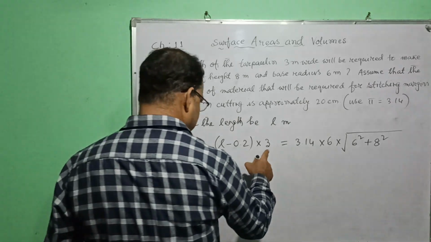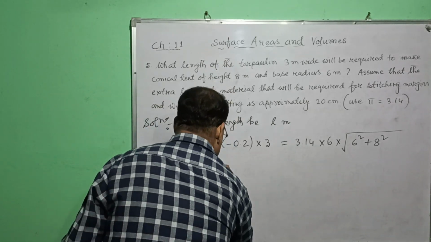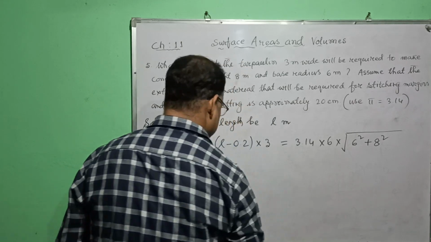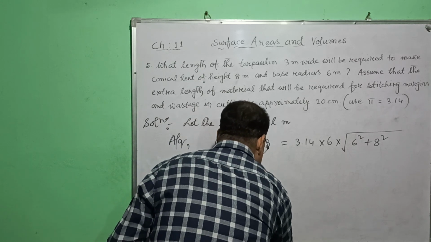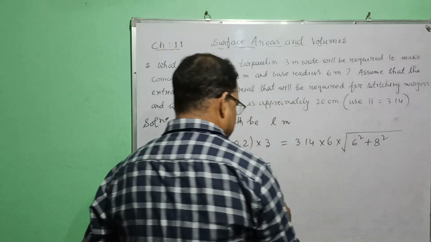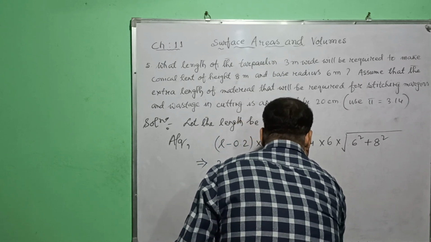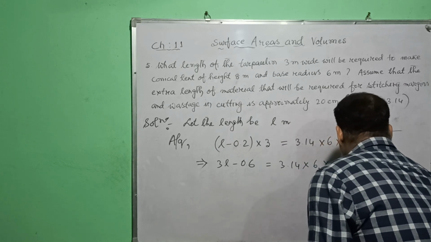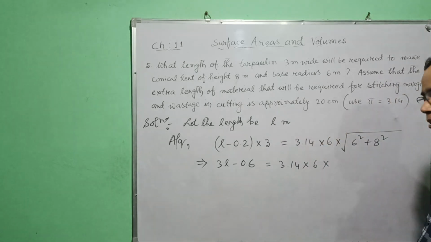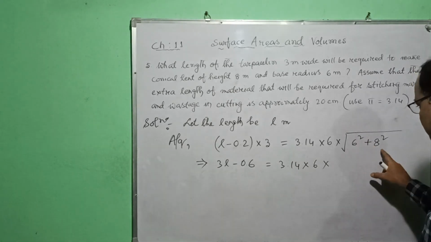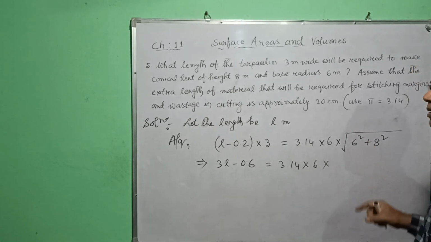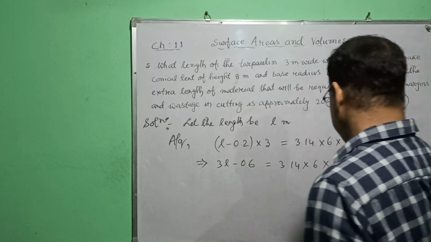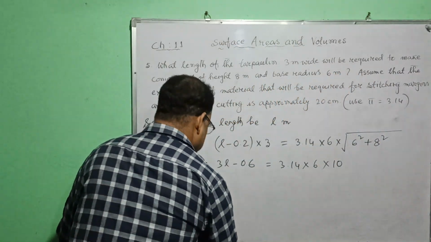If we multiply here, it is 3L minus 0.6 equal to 3.14 into 6 into, we will calculate it in short. 6 square equal to 36, 8 square equal to 64, 36 plus 64 equal to 100, and the square root of 100 is 10. So you can also use it in short.